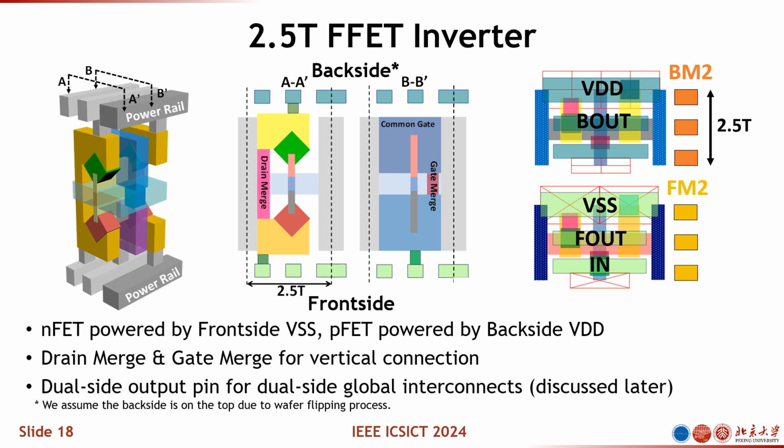I also want to mention that, as you can see from the pins over here, you have the VDD, VSS, and also V-in, V-out. But for the V-out, you have the V-out from the wafer front side and the wafer back side. And this is very important for the dual-side interconnect. I will discuss this in detail later.